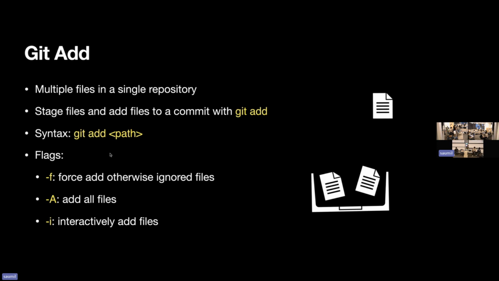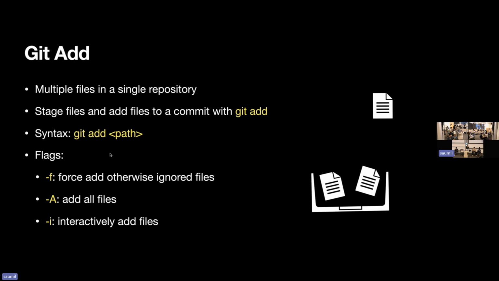And then you also have flags. For those who are not familiar with CLIs and things like that, a flag is basically an optional setting that you add on to a command to tell it to do a specific thing rather than what happens by default. Okay, so I'm not going to cover every single flag available to each command.